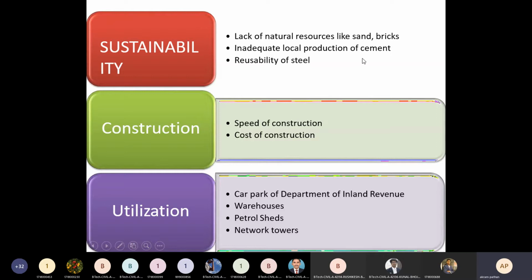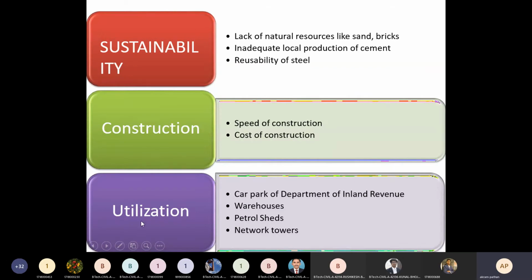Reusability of the steel is one of the important key indicators. In case of steel members, there will be a possibility of sustainability. Then from the construction point of view, with steel construction we can achieve greater speed of construction, and the cost of construction reduces.